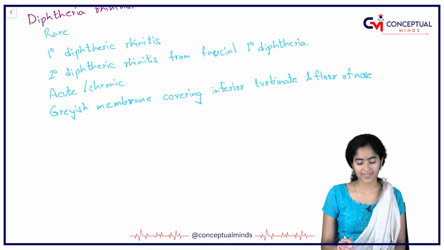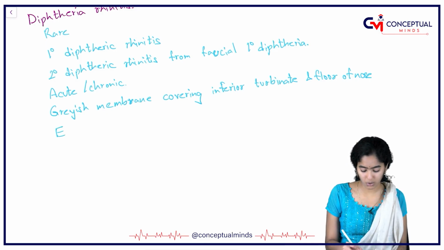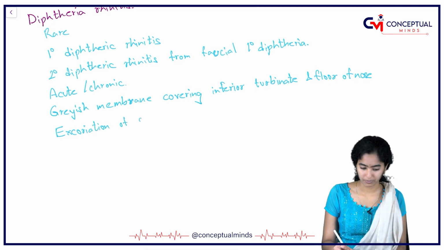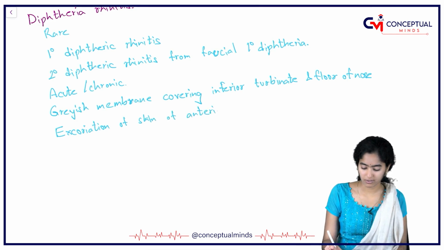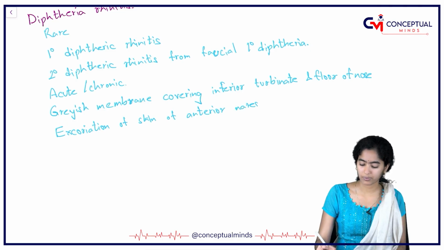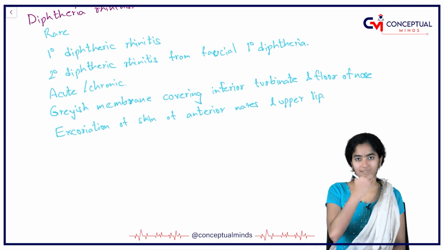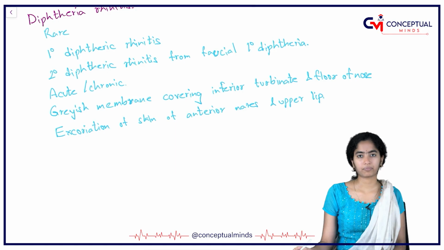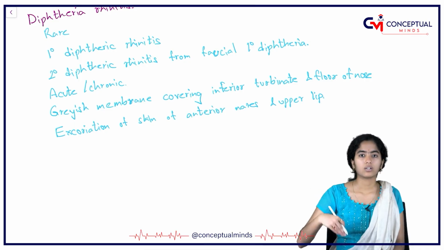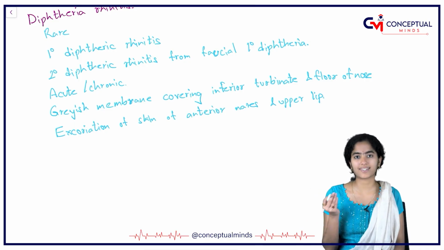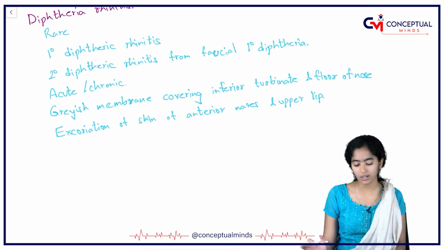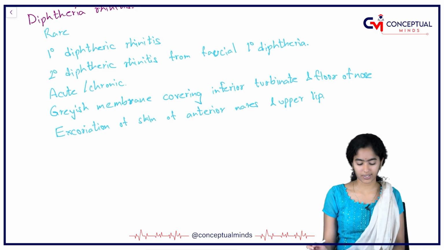An additional feature that we see in diphtheric rhinitis is there is excoriation of the skin of anterior nares and upper lip. All this area there is excoriation of skin. It happens in common cold also if we use a very rough kind of cloth to clean the nasal discharge, and usually in children where the skin is very sensitive, excoriations in that area are seen, but it is a special feature of diphtheric rhinitis.